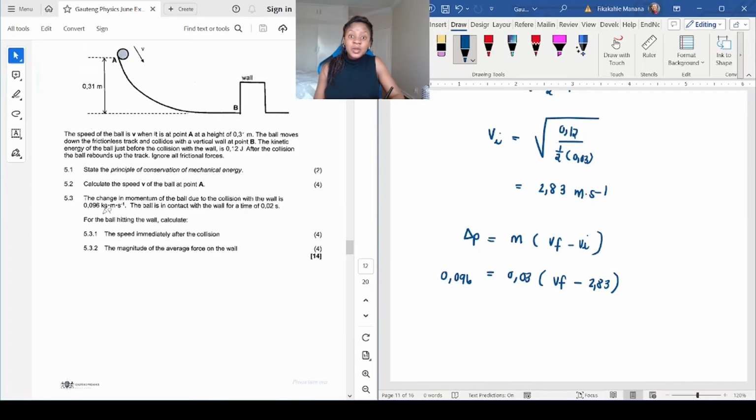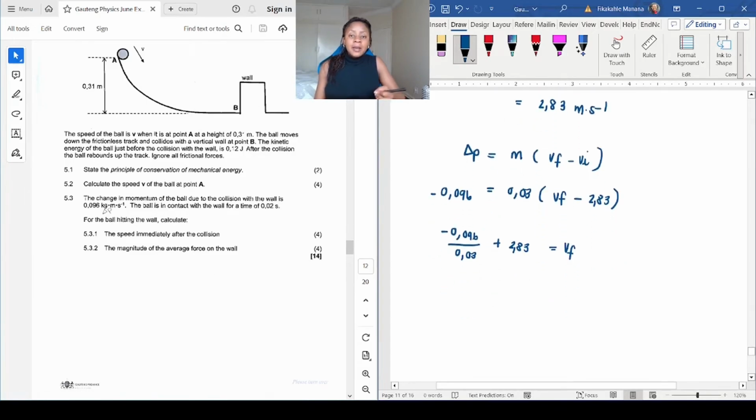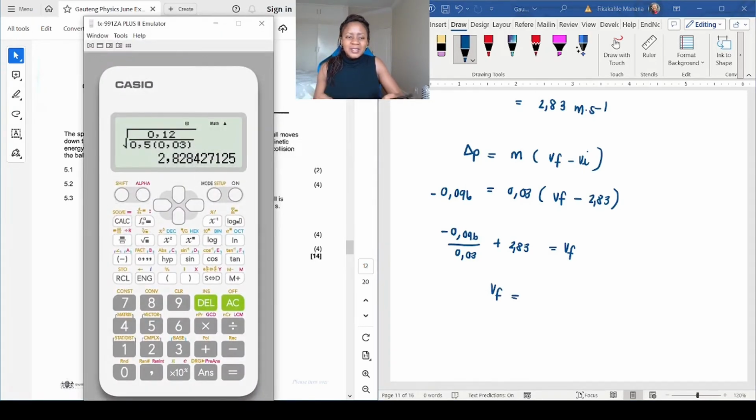Like I've said, we're going to expect our answer to be negative. Because our ball is rebounding, we can take our change in momentum as negative. So we have negative 0.096 divided by 0.03 plus the 2.83 will give us our final velocity, or the speed immediately after the collision. Because they are looking for speed, once we get this answer, we need to write down the magnitude.